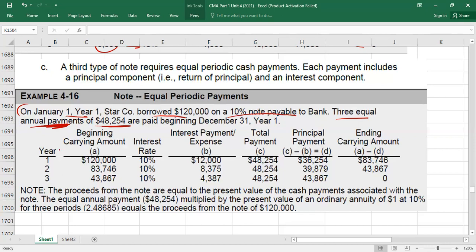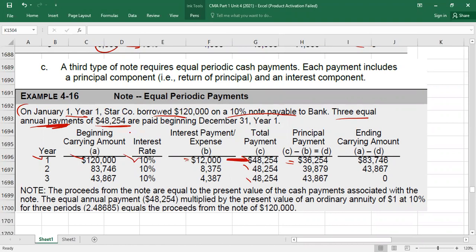So what will you do? Again, you will write year, first year, and start with the amount of loan, which is 120 times 10%. This is the amount of interest. And what is fixed? Installment. So the difference of installment and interest will be principal, right? If I take the amount of installment and deduct interest, what will be remaining?